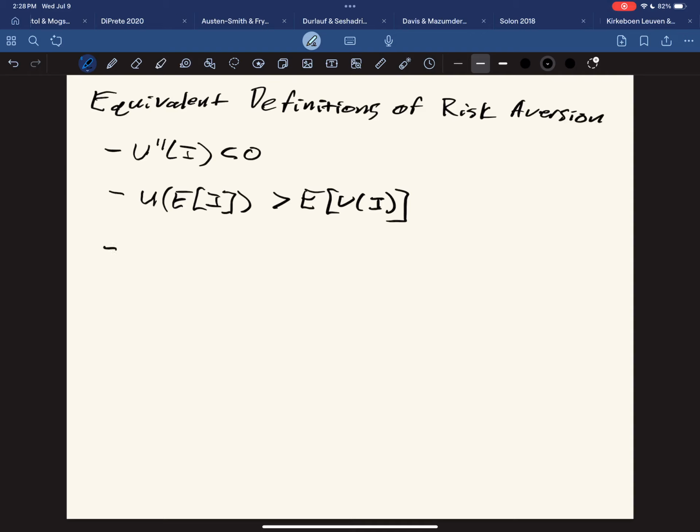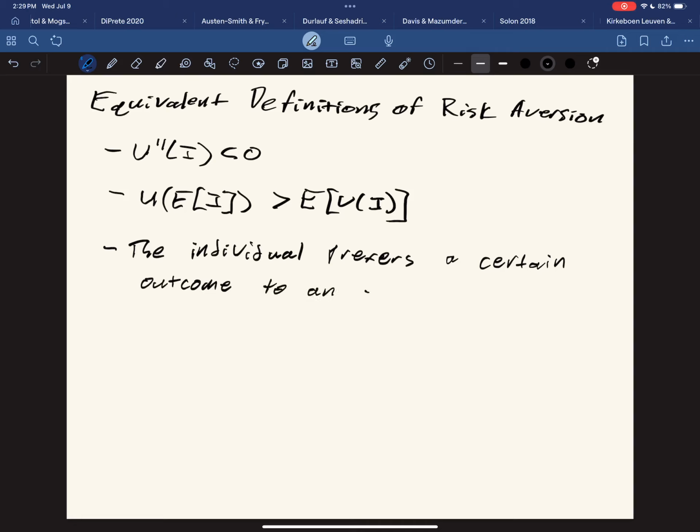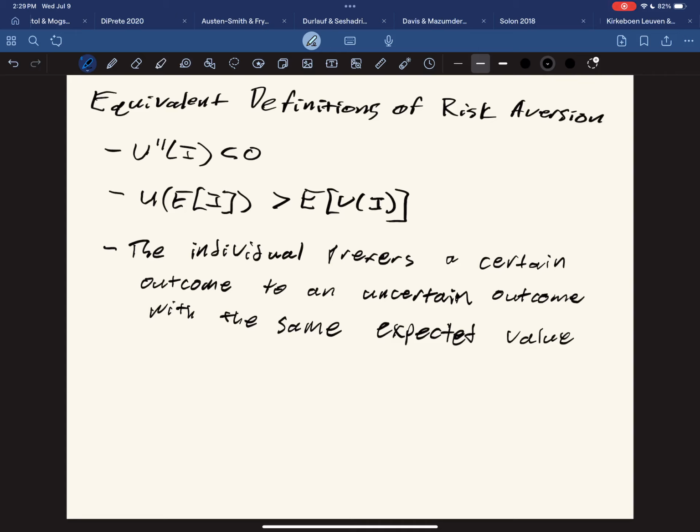And definition three: the individual prefers a certain outcome to an uncertain outcome with the same expected value. Right, so these three are equivalent.